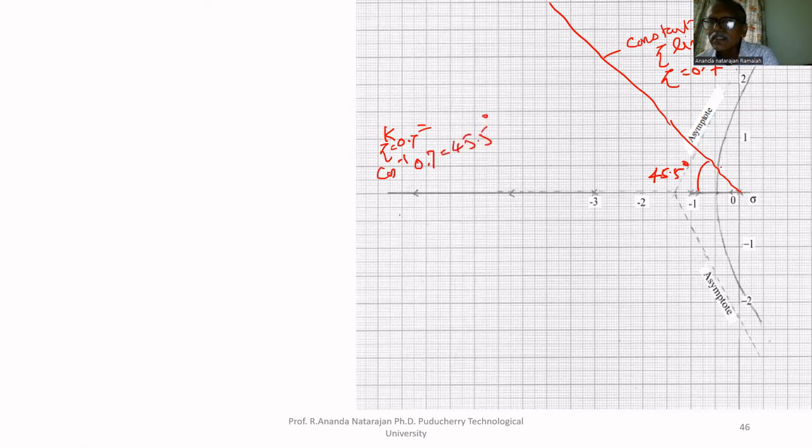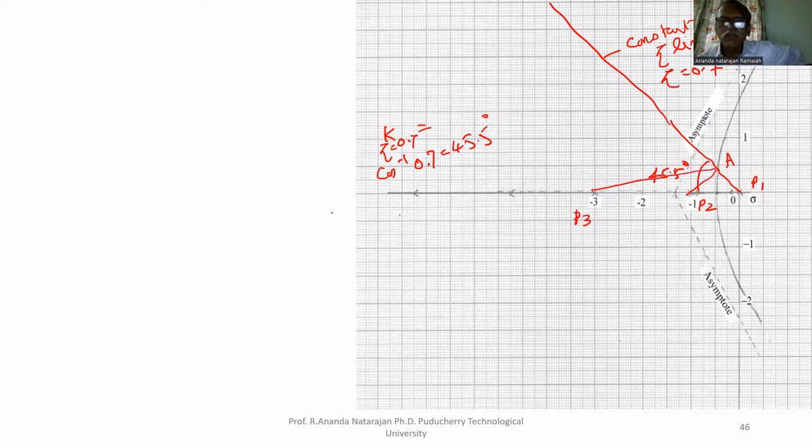So this intersects the root locus at A. So we have to find the length from A to all poles. This is P1. This is P2. This is P3. All poles. No zeros. That's why only poles.